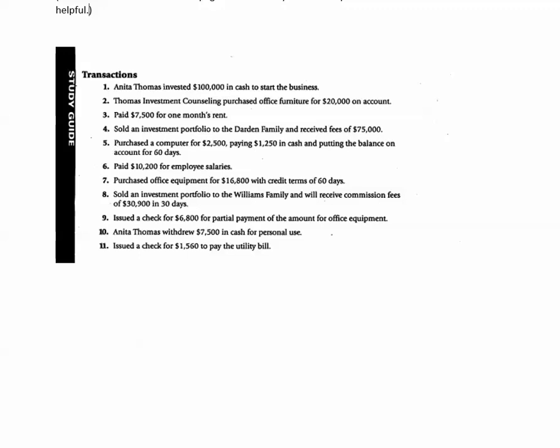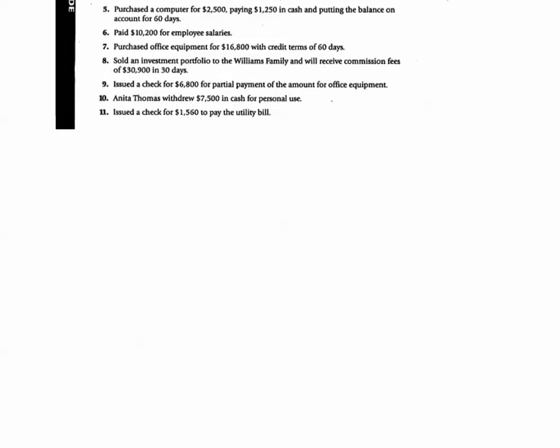All right, so back to Anita Thomas invested $100,000 in cash to start the business. One of the questions you'll have when you do problem 3.4 is which T should be which account, and really it doesn't matter. But we definitely have a lot of action going on in our cash account all the time, so we want our cash account to be one of the bigger ones.